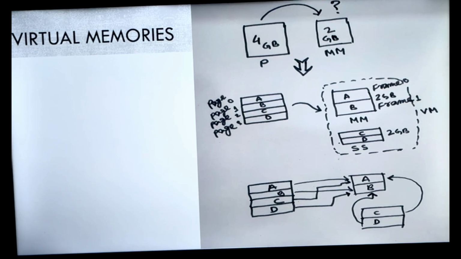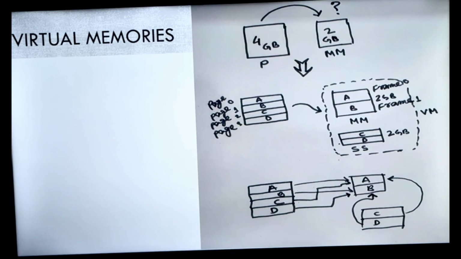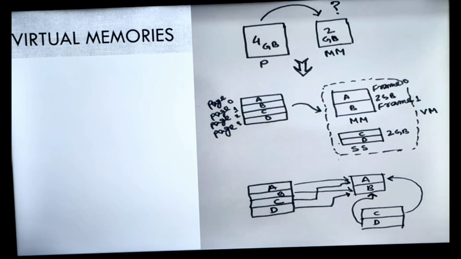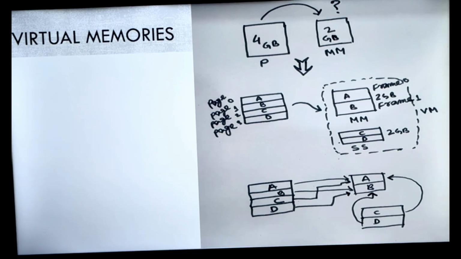In that case, how will you deal with this situation? You cannot refuse to play the game, right? Your mobile should not reply like you cannot play this game. So what is the solution? The solution is your RAM, your main memory, will borrow some memory from your secondary storage. You have enough secondary storage, right? Maybe 1 TB, 500 GB, whatever. So your main memory will borrow some part of the memory from secondary storage, not all.